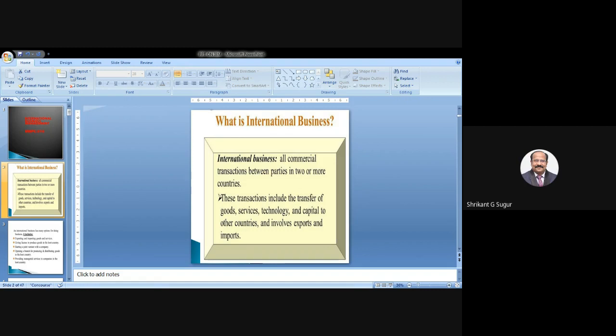Within the country, that is geographical. What is political boundary? GDP, GNP, everything is studied in business environment. Now, in GDP and in GNP, we consider geographical boundary and political boundary.